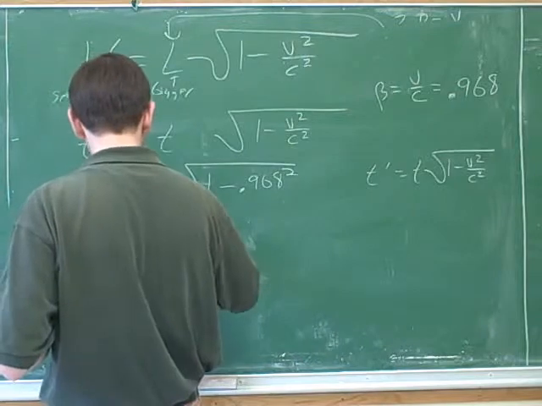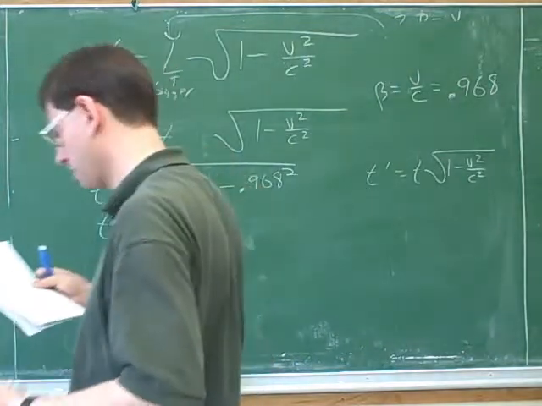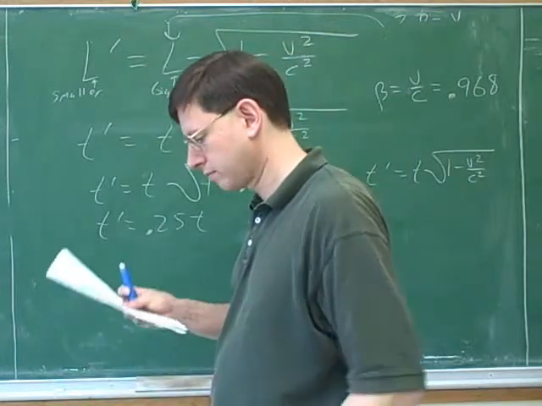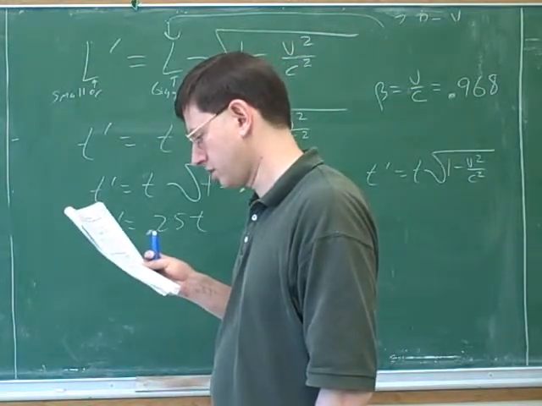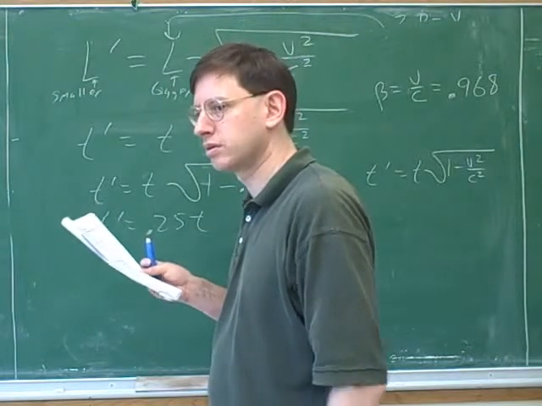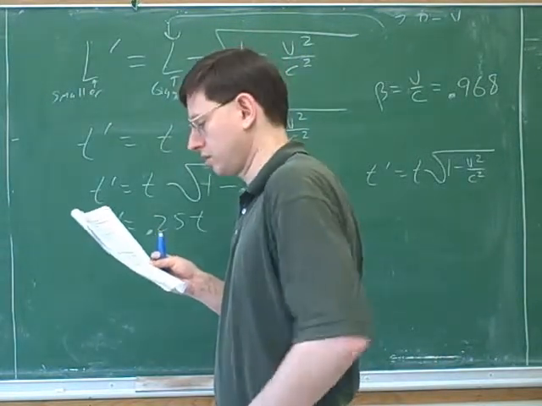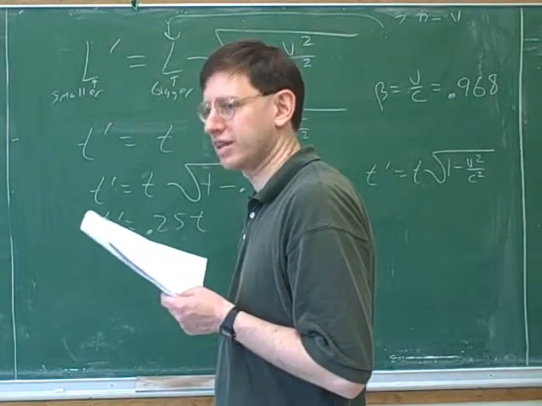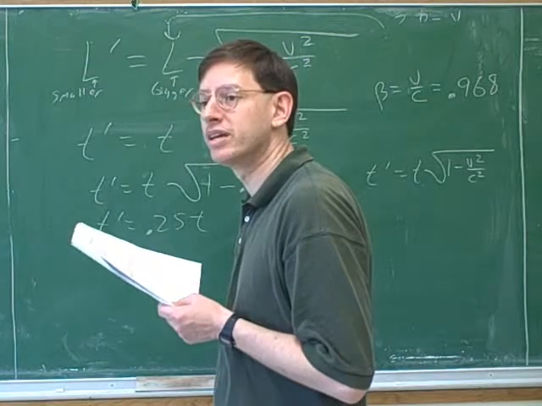So the spaceship's clocks go forward slower. What was the question? By what integer factor do the spaceship's clocks run slower compared to the clocks on the ground? Integer means it has to be a whole number. So by 4.